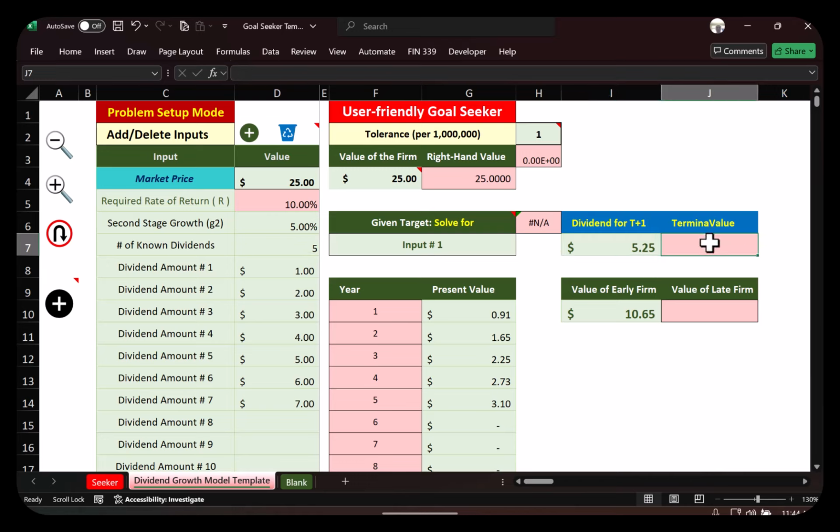If I know the dividend for t plus 1, calculating terminal value is easy. Take that terminal dividend and divide it by r minus g2.